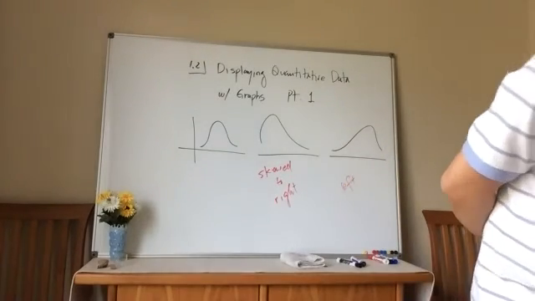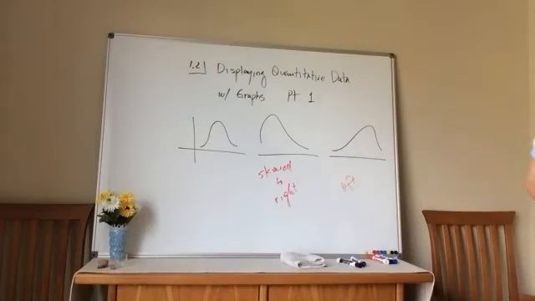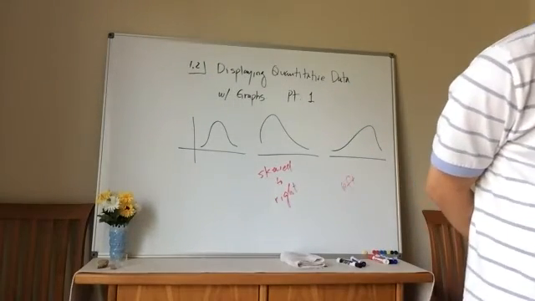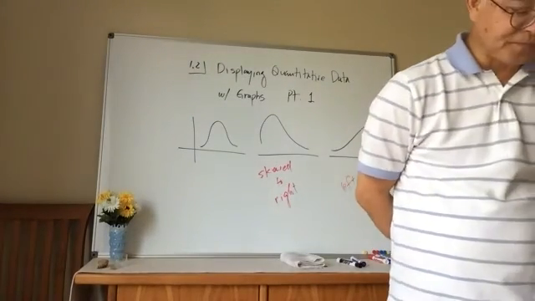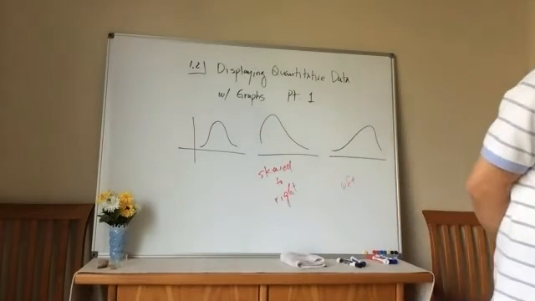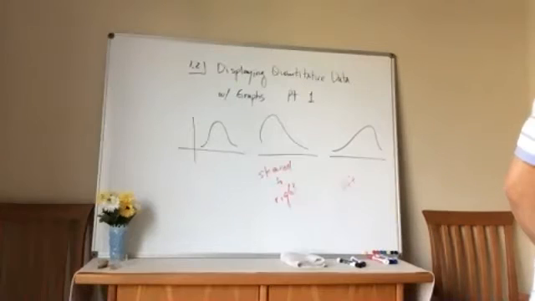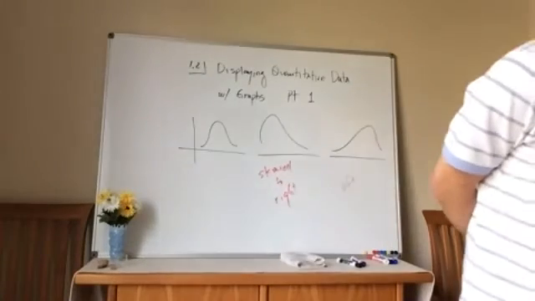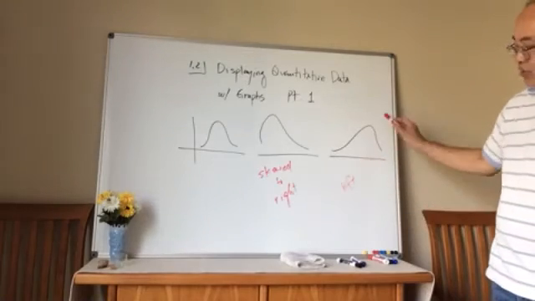So A, you would describe the shape of A, Kyle, as what? Kyle? Skewed to the left. Skewed to the left, right? It looks like this, right? It's skewed to the left.